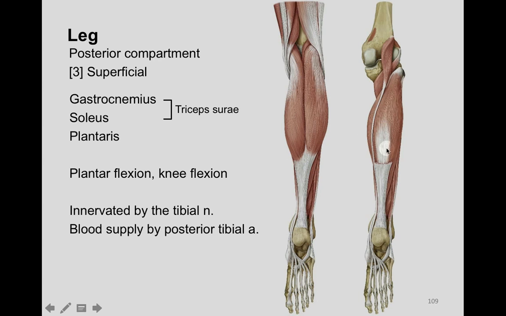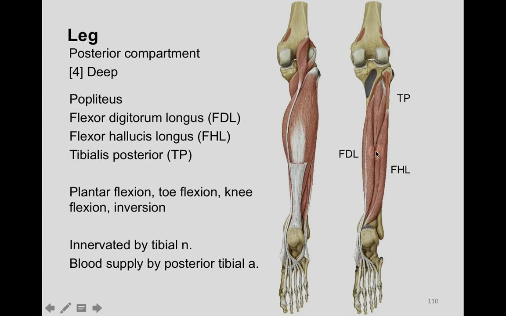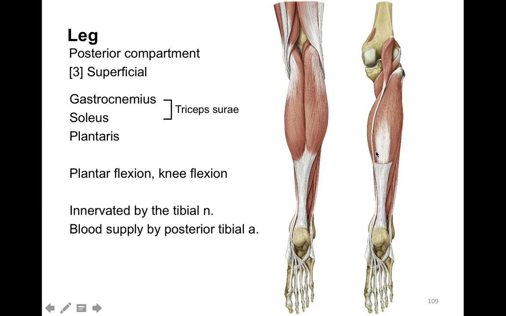Removing the heads of gastrocnemius, we can now see a much larger extent of the soleus muscle as well as the plantaris with its long tendon. Motions here include plantar flexion and knee flexion. Keep in mind that the gastrocnemius and the plantaris cross the knee joint, so they will assist in knee flexion. These muscles are innervated by the tibial nerve and supplied by the posterior tibial artery.